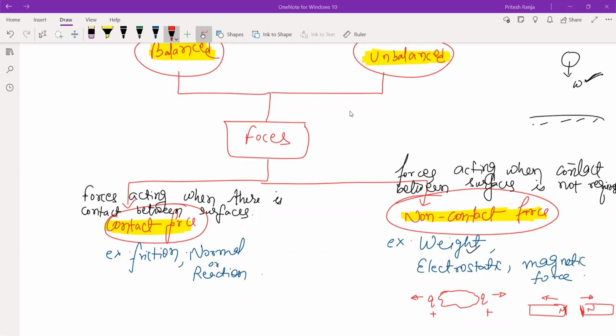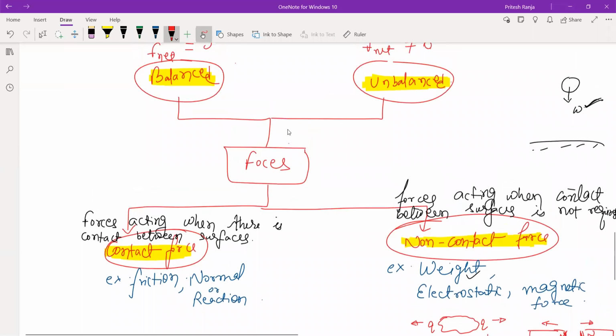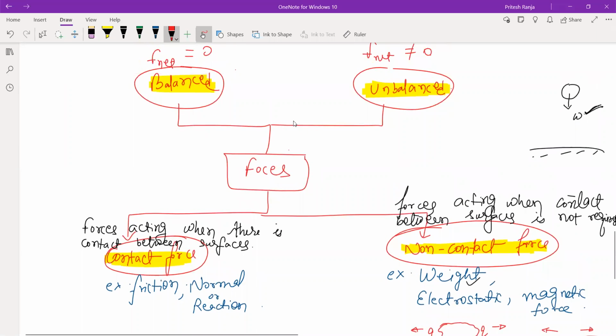So everyone should write this down, the different types of forces. Then we will see the important forces. We will see in detail friction, normal or reaction force, and weight. Quickly write them down.